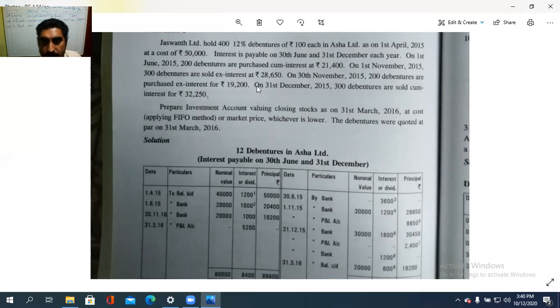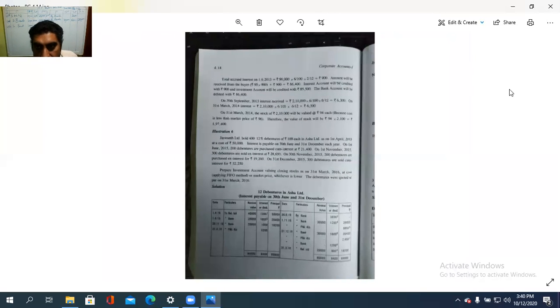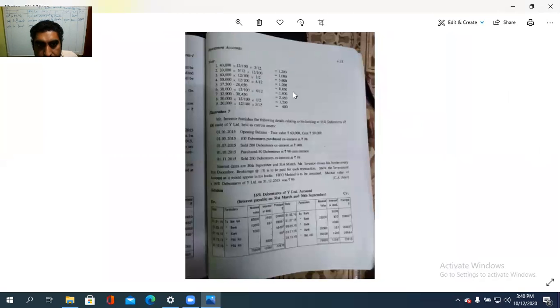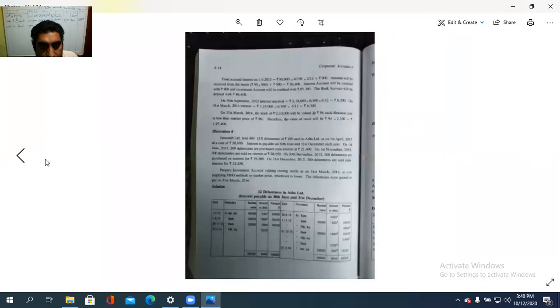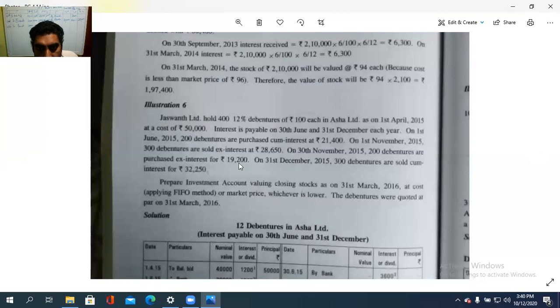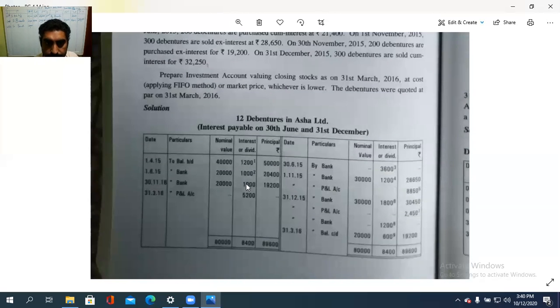Ex interest means how much? We will check it. Debentures are purchased ex interest for 19,200. So this is the entry: 20,000 and 19,200.